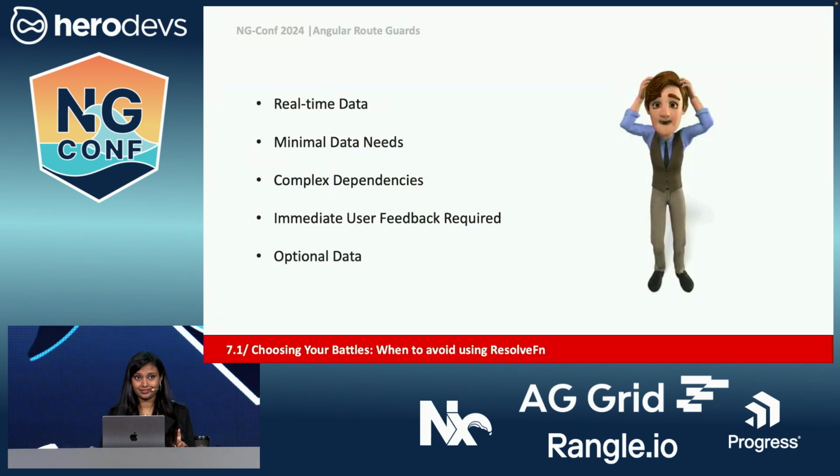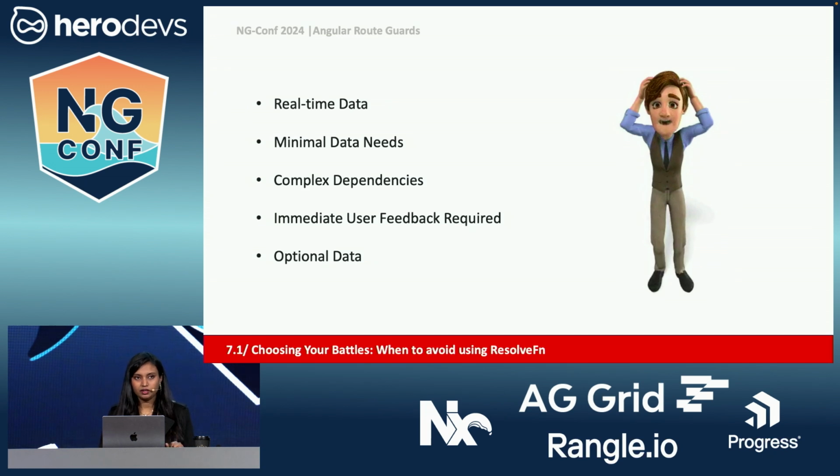But hold on a second. There are two sides of a coin, right? Using data fetching in the resolve function can be overkill in some scenarios, so we should be very mindful when we are using it. I will give you certain scenarios where we should avoid using the resolve function. One of them is real-time data. We should avoid the resolve function for data that changes frequently.